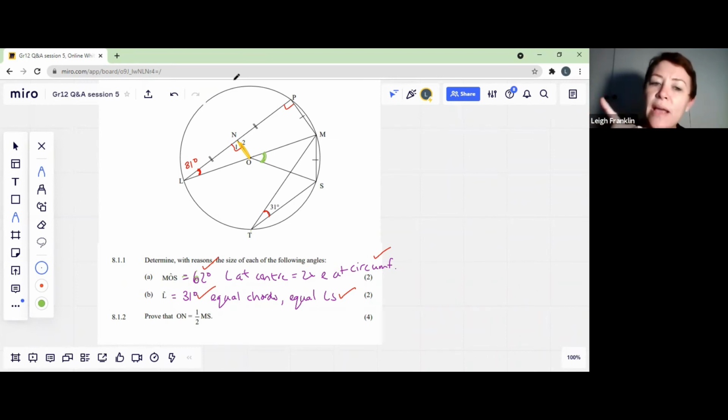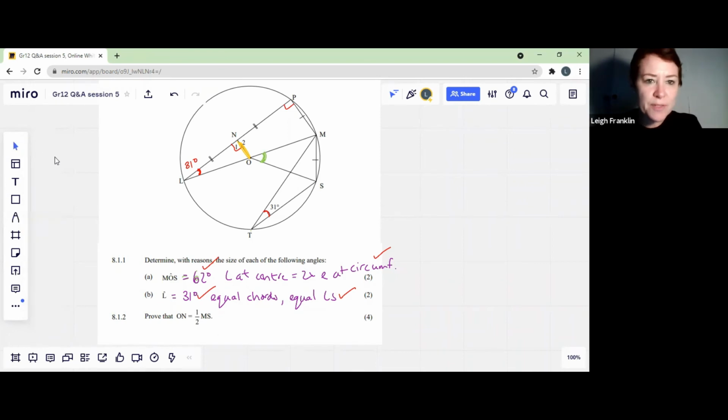So what can we say about LO and OM? Why does LO equal OM? Precisely, Linda. Precisely, because they are radii. So we can use the midpoint theorem in order to be able to prove this.